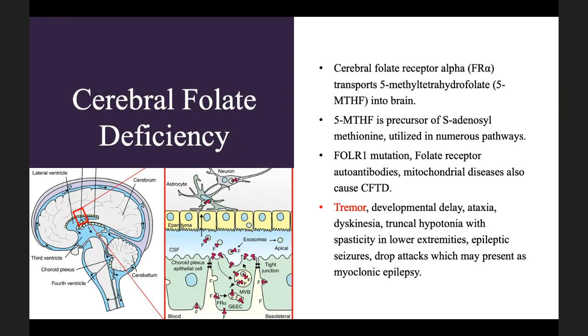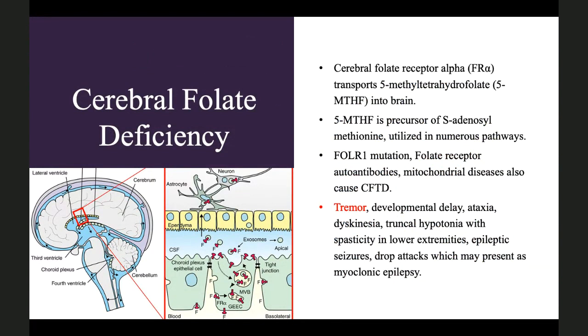Cerebral folate deficiency. Here we see cerebral folate receptor alpha, which transports 5-MTHF into the brain. 5-MTHF is a precursor of SAM, or S-adenosyl methionine, which is utilized in numerous pathways.